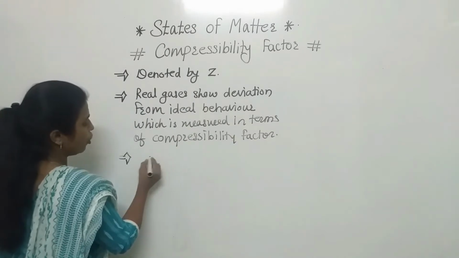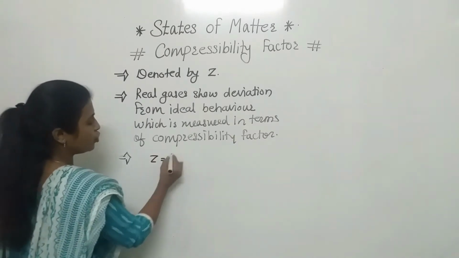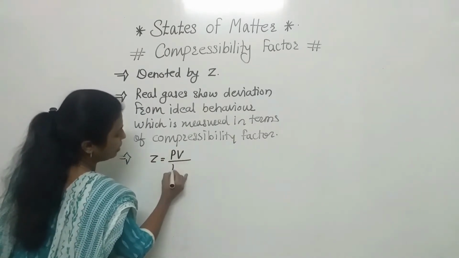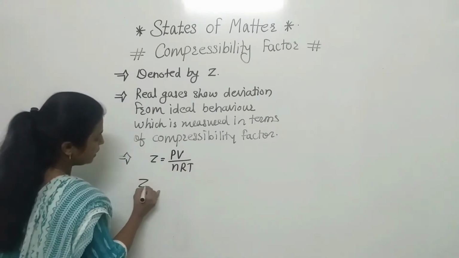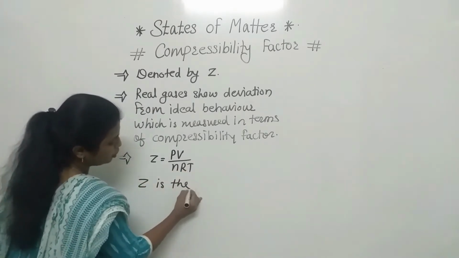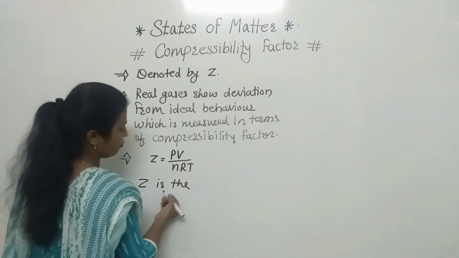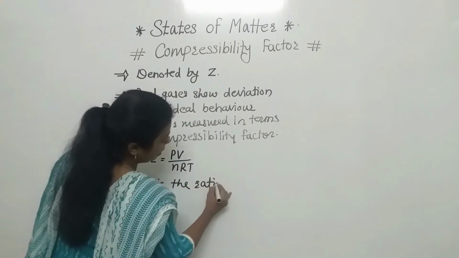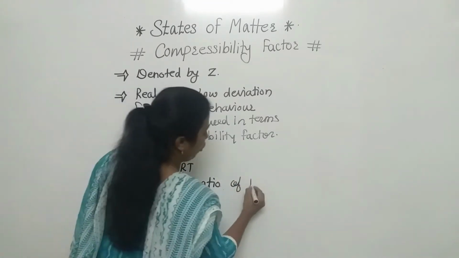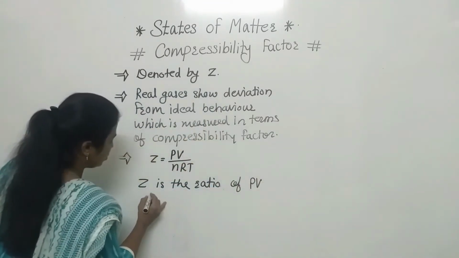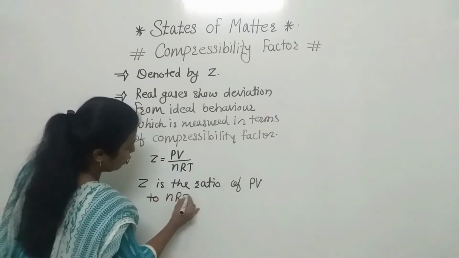The compressibility factor is the ratio of PV and nRT. So Z, the compressibility factor, is the ratio of PV to nRT.